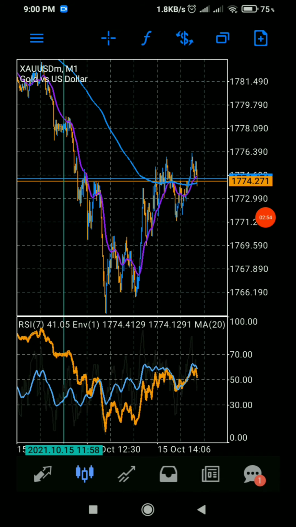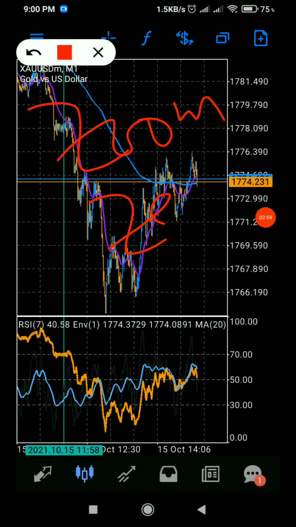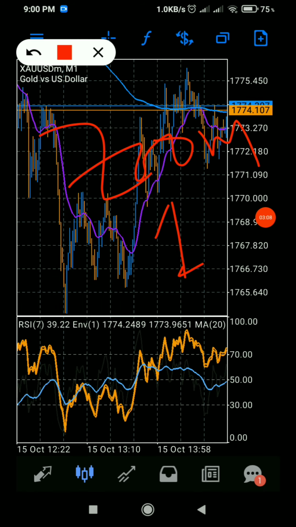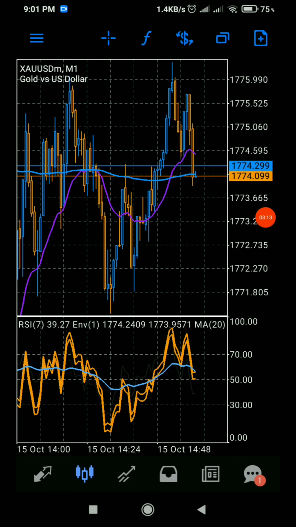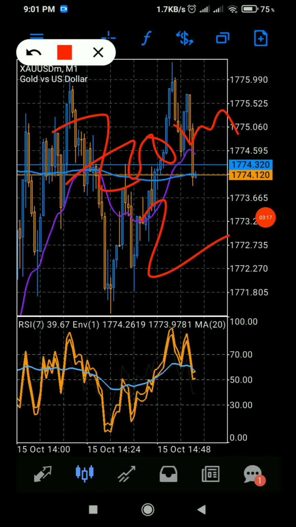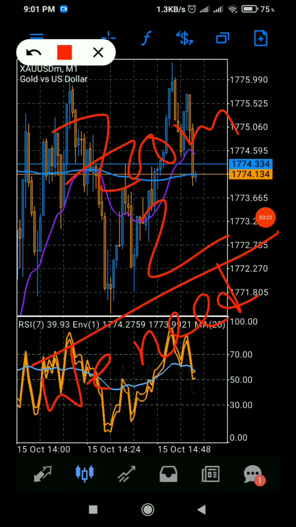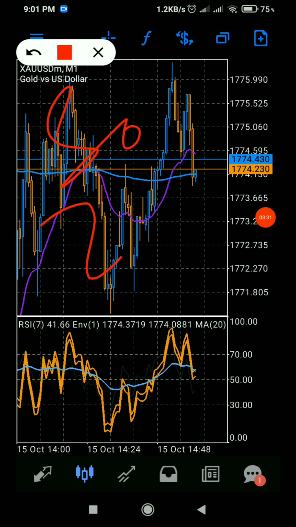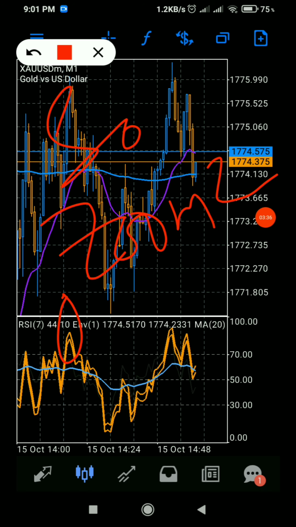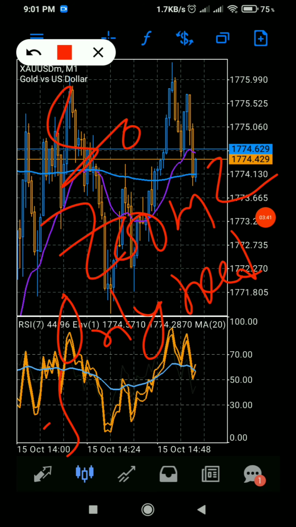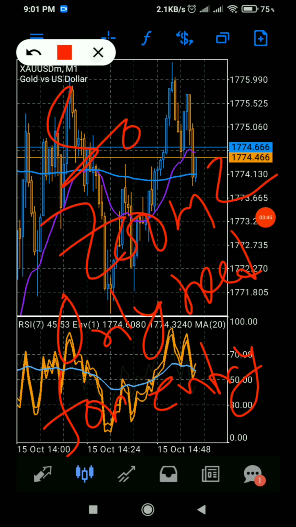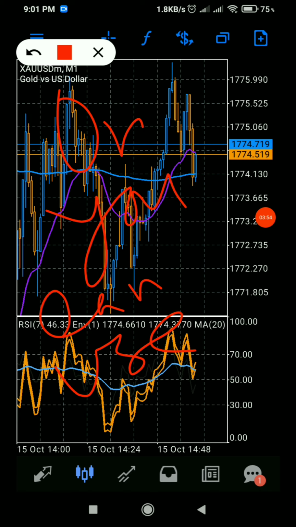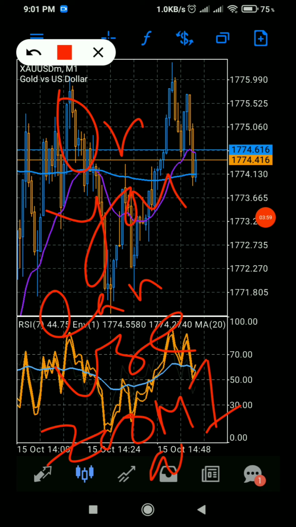This is zoom 0, this is zoom 1, and now you see it is zoom 2. Zoom 2 is only needed for entry for the signal, and of course you can use zoom level 1.